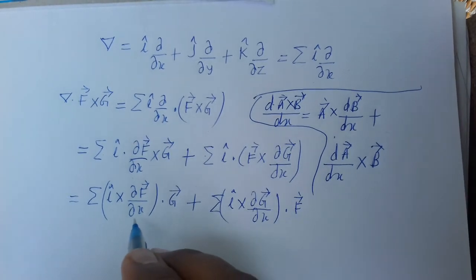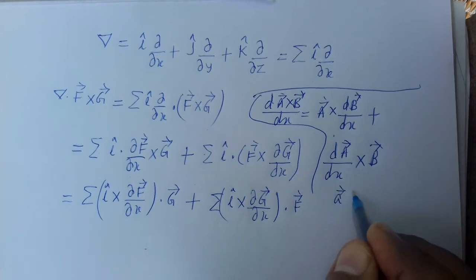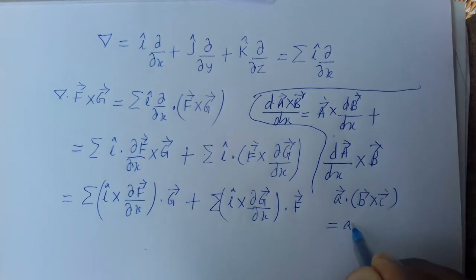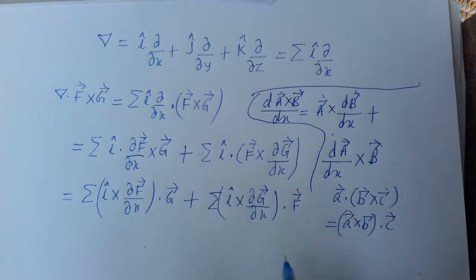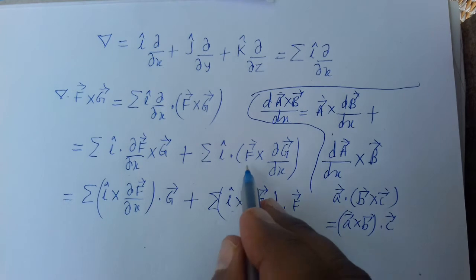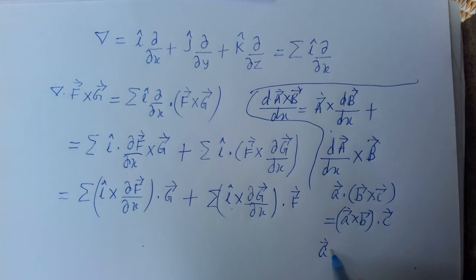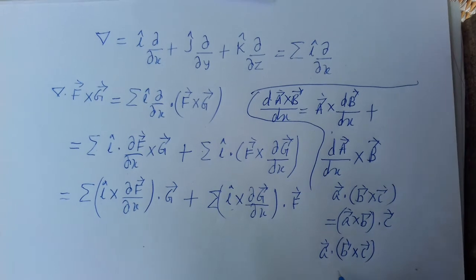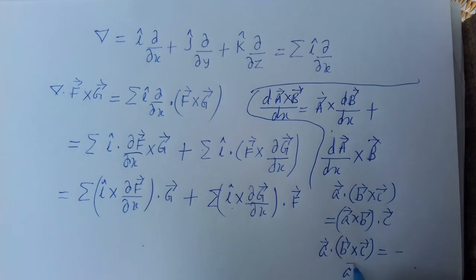This part is written using this formula: a dot b cross c equals a cross b dot c, and this part is written using this formula: a dot b cross c equals minus a cross c dot b.